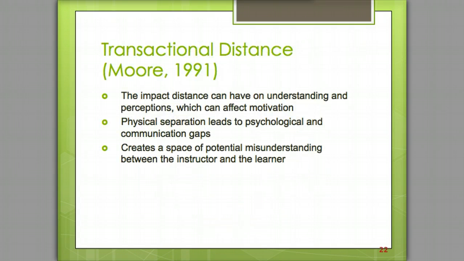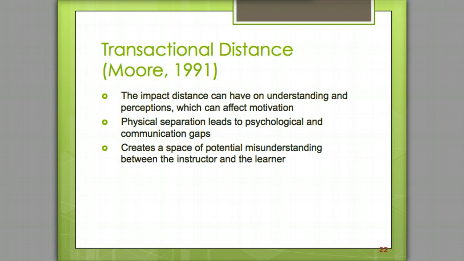The feeling of isolation in an online course can also have an impact on motivation. Michael Moore articulated a theory called transactional distance. This theory postulates that distance education is more than simply the geographical separation of the instructor and the learners, but also includes the impact distance can have on understanding and perceptions, which can affect motivation.